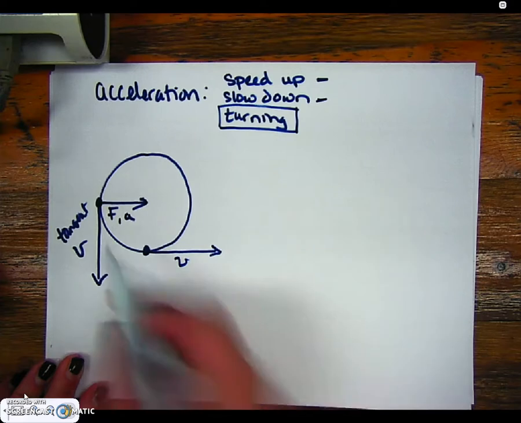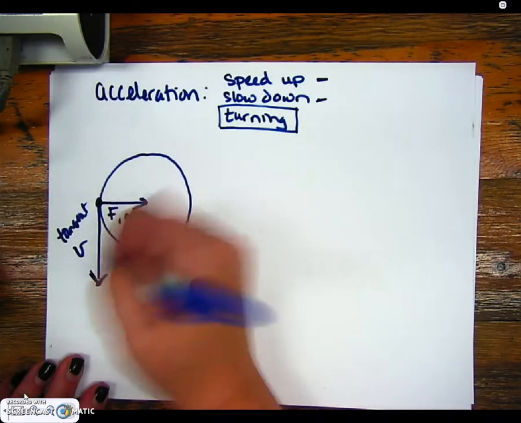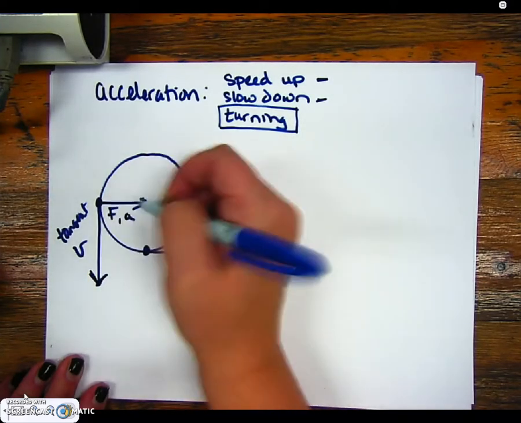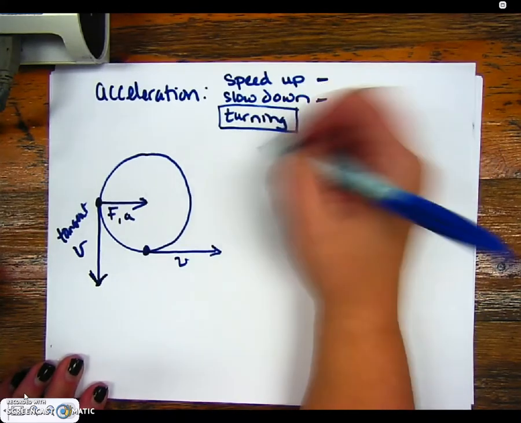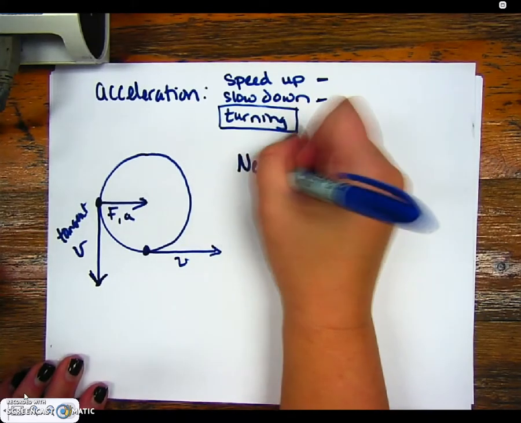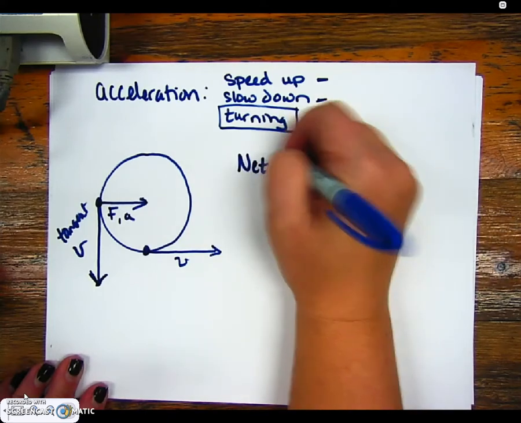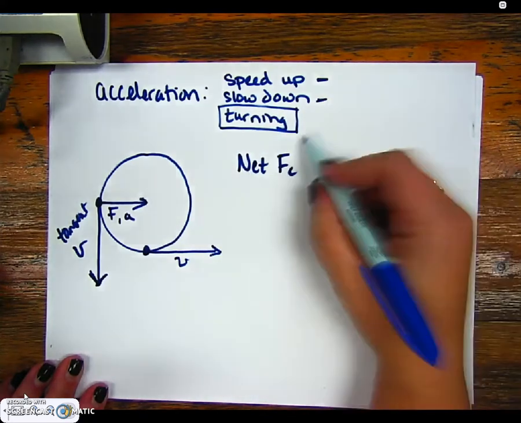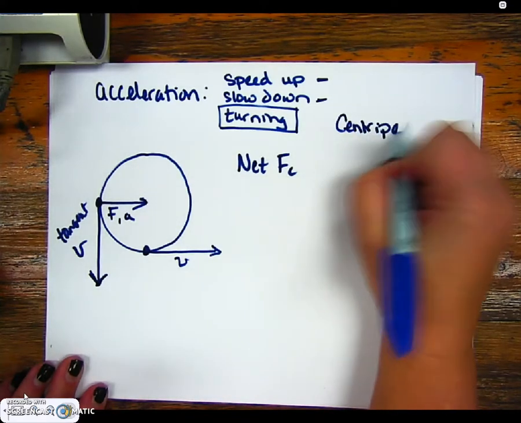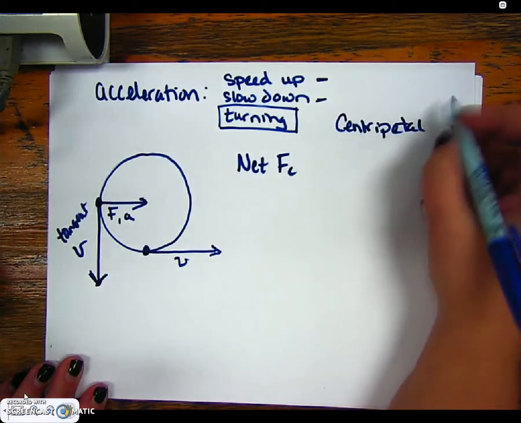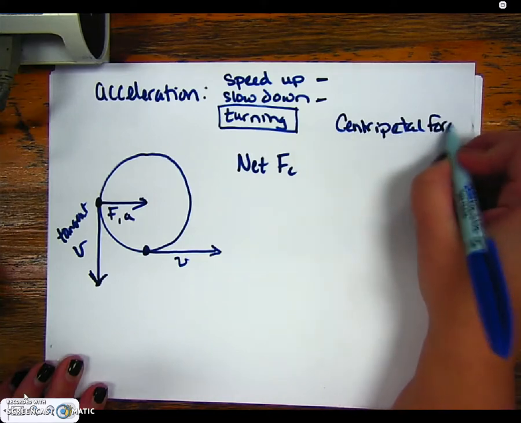So this force right here that is perpendicular to the velocity and makes something turn is called the net centripetal force, which we write as F sub C. I'll write it up here: it is centripetal, not centrifugal. We'll talk about what that is in a second. So, centripetal force.